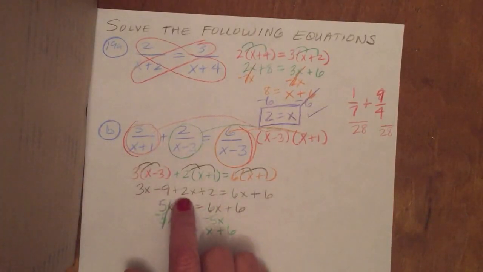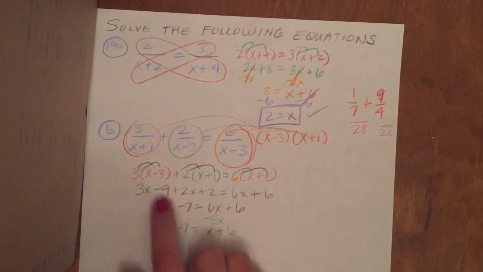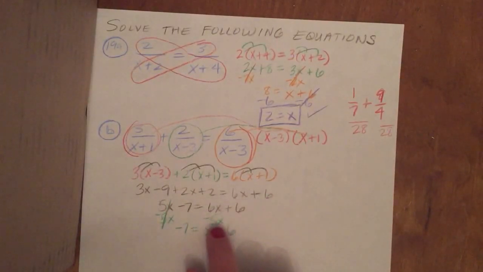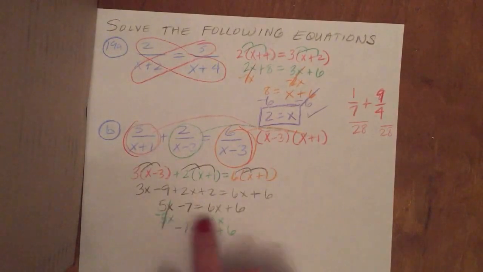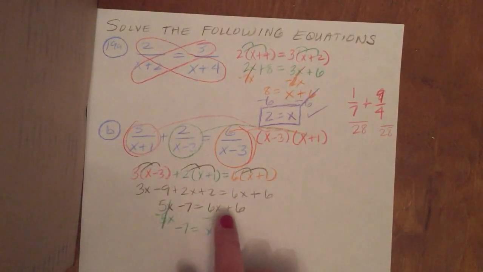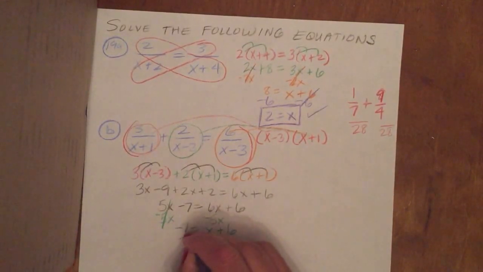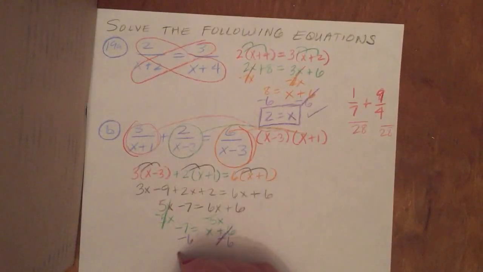I had 3x and 2x, which is 5x, negative 9 plus 2, which is negative 7, and on the other side 6x plus 6. So I subtracted 5x from both sides, and I got x plus 6 on this side and negative 7 on this side. So my last step is going to be to subtract a 6. I get negative 13 equals x.